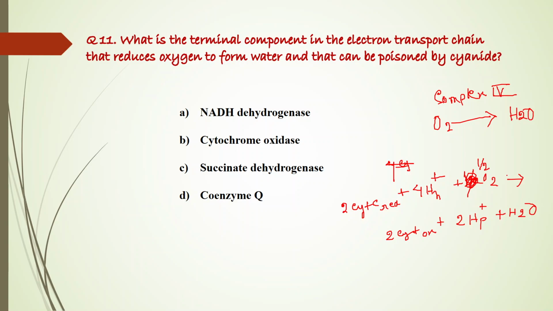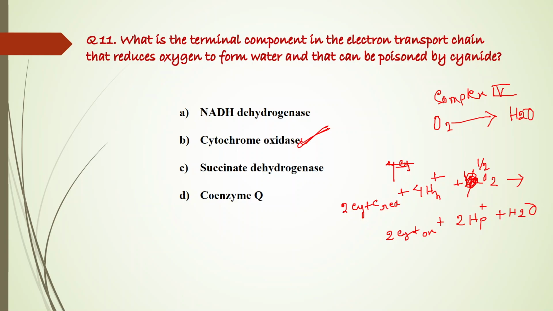So you can clearly see which terminal component is involved here. It is cytochrome oxidase, which is involved in case of complex 4 for transferring this reaction from O2 to H2O.